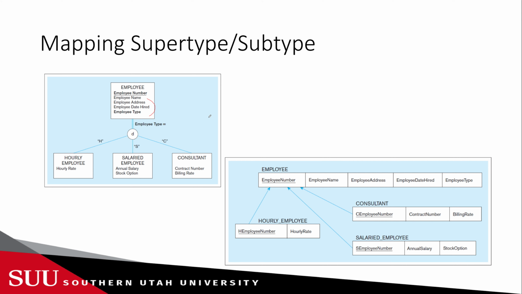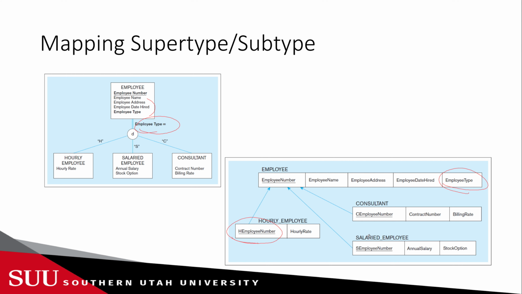And we included employee type in here, and then we have the IDs for those. Although we don't have an ID in hourly employee, and we don't have in salary, and we don't have in consultant, but for the relational model, the rule says every relation must have an ID.